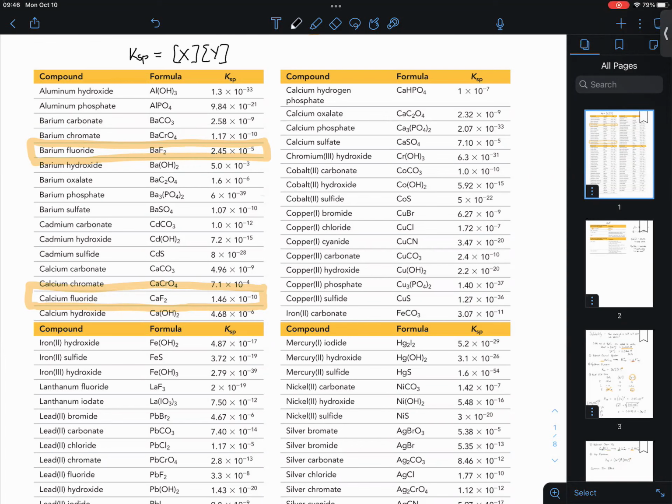So a lower Ksp means the concentration of ions in solution is much less. A lower Ksp implies less solubility, which implies it's going to precipitate earlier.